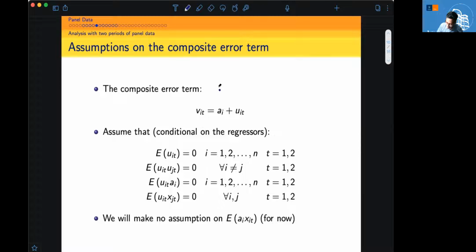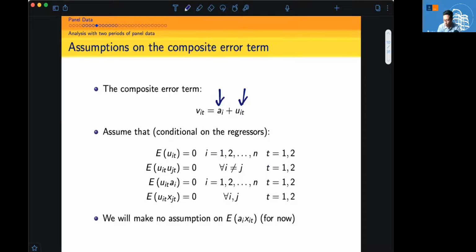Again, we have two components. We have the unobserved component specific to that individual, the individual-specific characteristics that do not change over time. We also have the idiosyncratic shocks, which is going to be useful for our discussion later on.